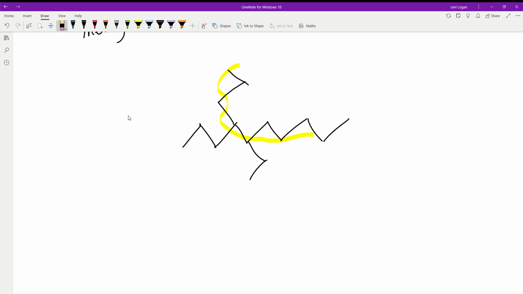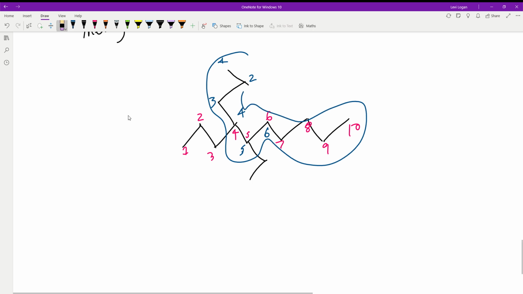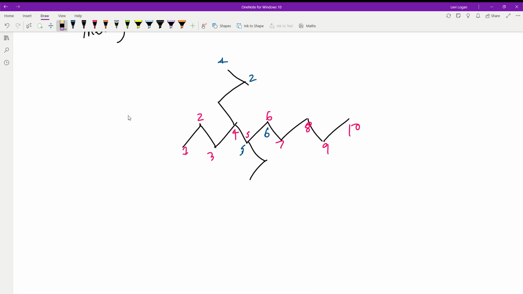So if I were to name it this one as well, so let's go 1, 2, 3, 4, 5, 6, 7, 8, 9, 10. I could also go 1, 2, 3. Actually, I'll use different colors for this one here. 1, 2, 3, 4, 5, 6, 7, and you can see you get the same numbers. So it's still the longest chain is going to be 10 carbons, independent of which way you do it.